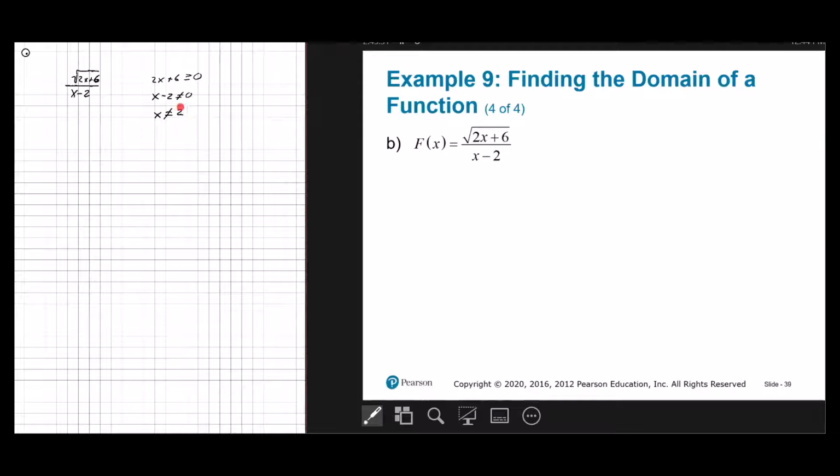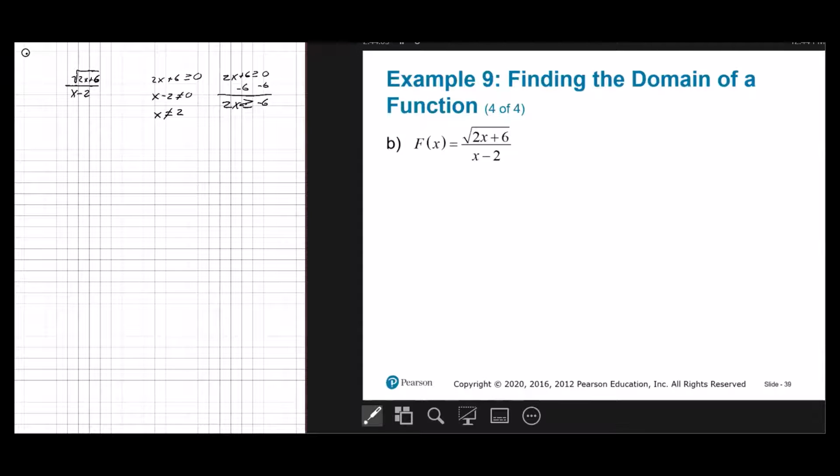So this is one of my conditions. My other condition is solving 2x plus 6 greater than or equal to 0. So we do the algebra by subtracting 6 from both sides, and we get 2x greater than or equal to negative 6. Did I divide by a negative number or multiply by a negative number?